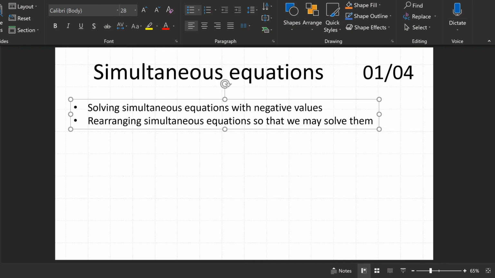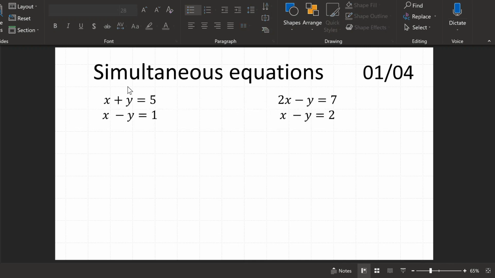So, the first thing to look at here is something along the lines of x plus y equals 5, but x minus y equals 1. Now, you'll remember in the last class, when we had these two terms, we were subtracting them, right?